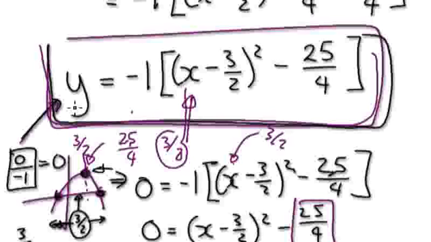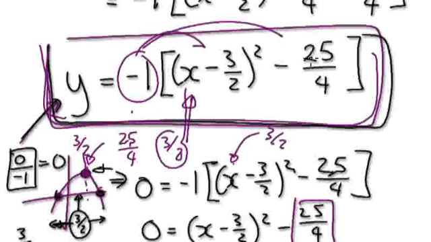When you want to investigate this bit here, because we've got a minus here and you're not used to it yet, you could multiply it out, and then this will become y equals 25 over 4 minus x minus 3 over 2 squared, like this.